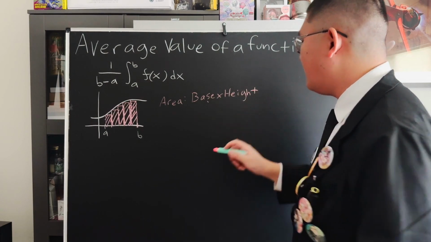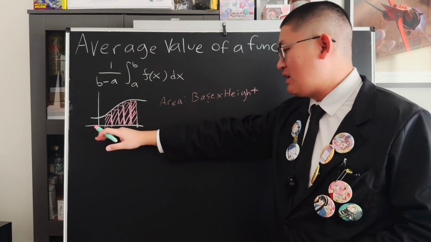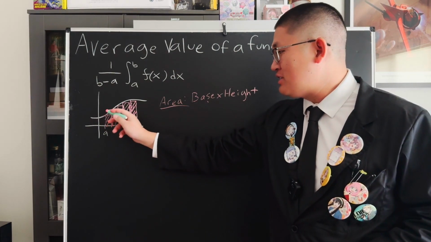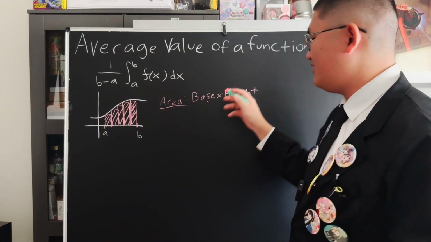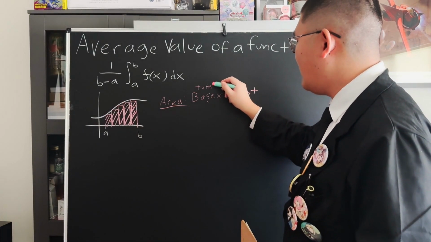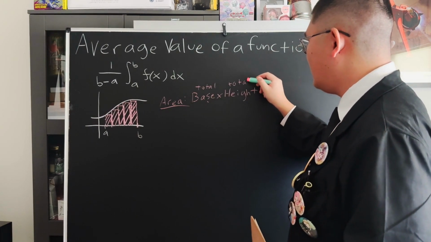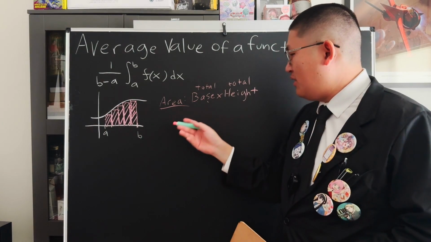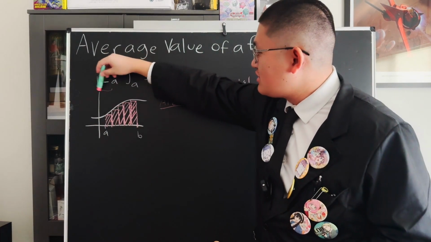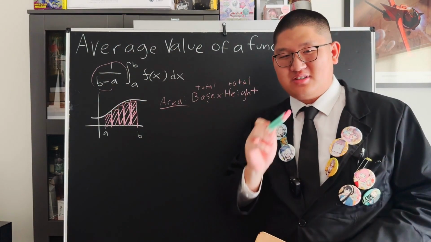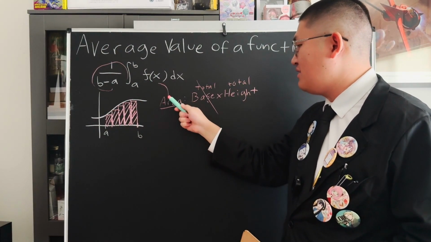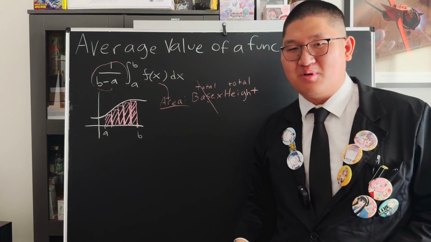If we have some sort of base going from a to b to give us that area, and then we just added up all the heights, so now instead of just one base and one height, we have the total base and the total height, right? We have all of that coming together for this function. Well, what do we just divide by? We just divided by the actual base itself from the result of the area that we started with.